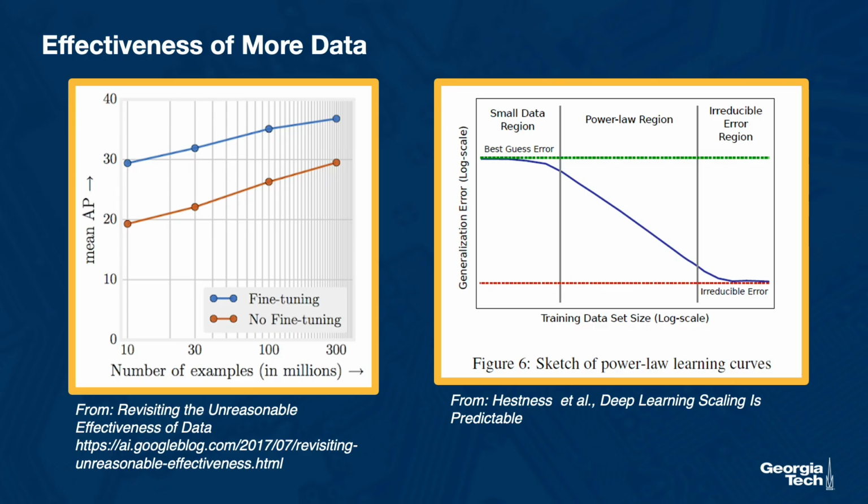Then you enter a power law region where essentially the training dataset size in log scale continues to linearly improve the error, again in log scale. And then again, at the end, you might get into some regime where you can't reduce the error further no matter how much data you get. But again, it's not clear that we've reached that for many of the interesting applications, such as computer vision or natural language processing.